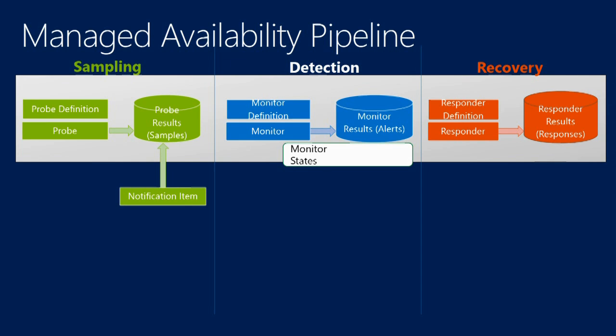We have the probes over here, and they're grabbing a bunch of data, but it's really the monitor states that drive what happens with that data. For example, the monitor states are either going to be green or they're going to be red. Green meaning they're healthy, red meaning they're unhealthy or otherwise not healthy. As long as the monitor state is green, then managed availability really doesn't have a whole lot to do. It's really just evaluating things.